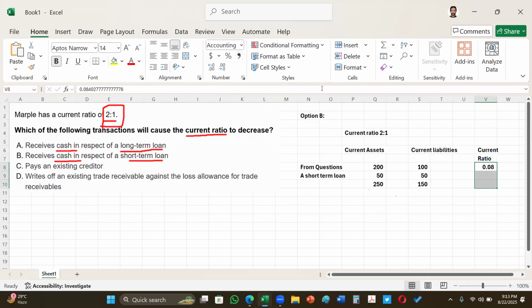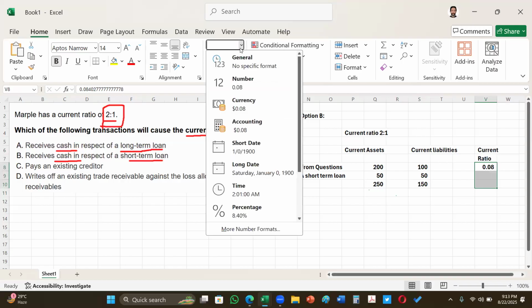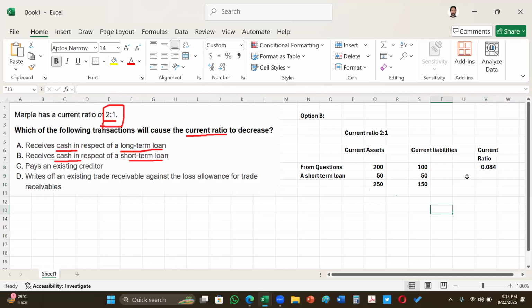I could just write it as 2:1 because the Excel is changing things. So this is the starting point. Now after this adjustment, if we look at the new situation, the assets have become 250 and the liabilities have become 150.